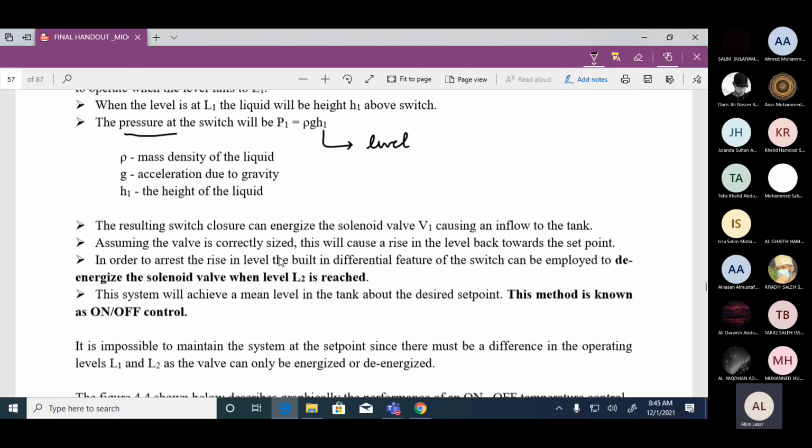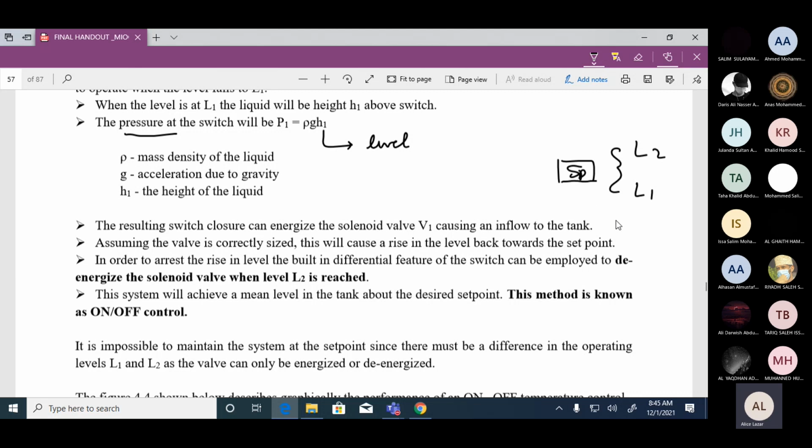So this valve has to be correctly sized and it will make sure that the level is always going back. That means you have L1, you have L2 and this is your set point. We are trying to keep it within the range of L1 and L2, but we are not able to keep it exactly at the set point.